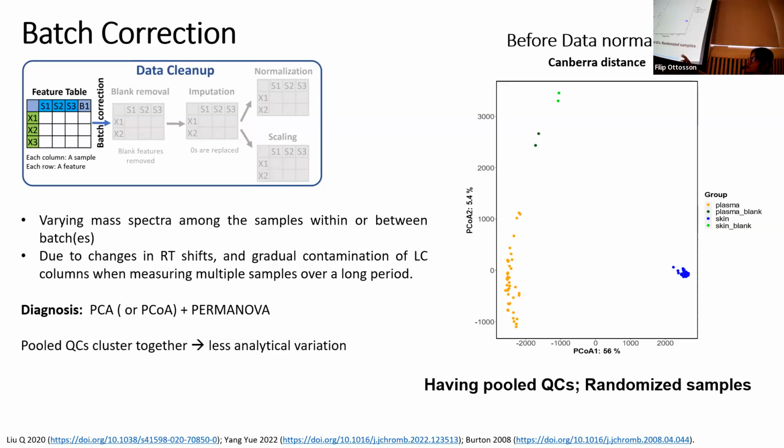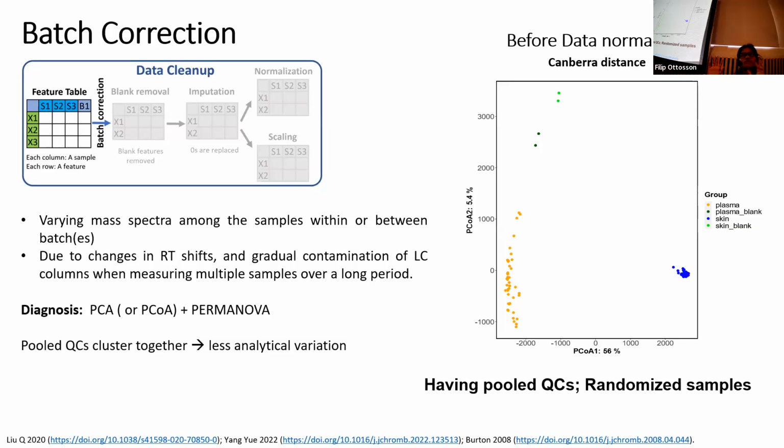Another way is that you could use a simple PCA or PCoA plot, which is principal component analysis or principal coordinate analysis. Along with it, you could also perform PERMANOVA to assess how much your batch effect is, and whether it is significant or not. I'm not going to go deep into that because Madeline would explain all those things in the multivariate session.